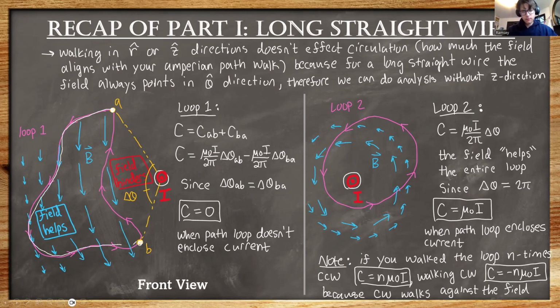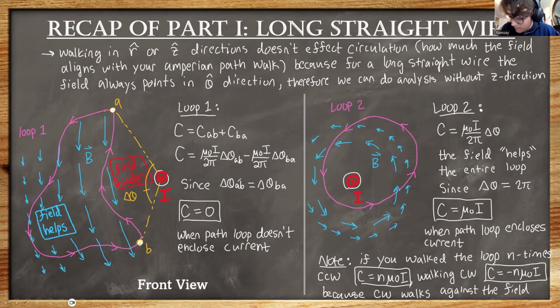So that's positive circulation contribution. But then when we turn around and finish the walk from B to A, we're being opposed by that field. So to find the total circulation in the loop, we take the circulation as we walk from A to B, and we add the circulation as we walk from B to A.